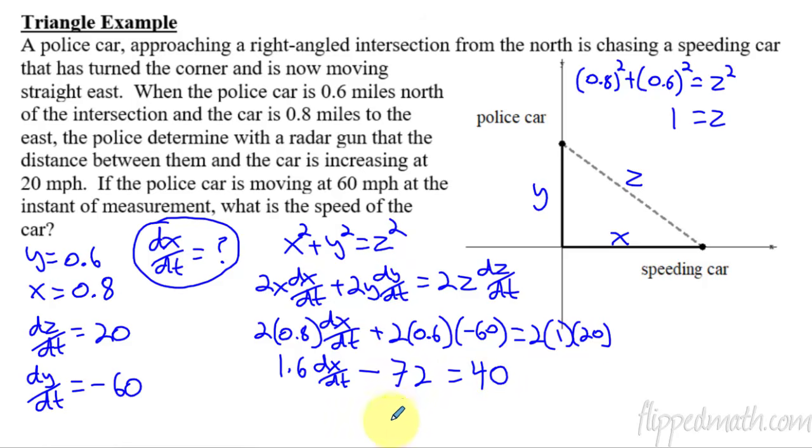And then when you solve this, I'm going to go straight to the answer. dx/dt will equal, add 72, divide by the 1.6, and you end up with 70. And what are my units? 70 miles per hour. So that's how fast the car is going at that exact moment when the police car is 0.6 miles from the intersection and he's already 0.8 miles getting away that direction, okay? So that is my answer for this.